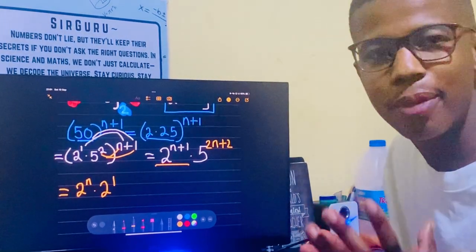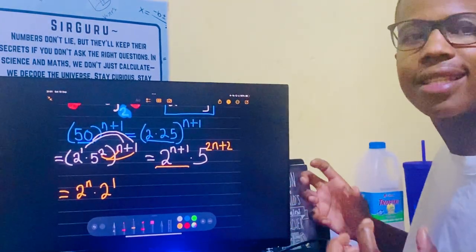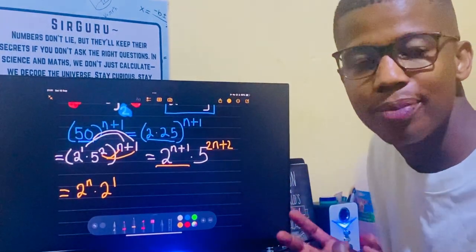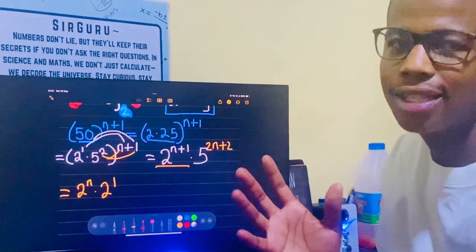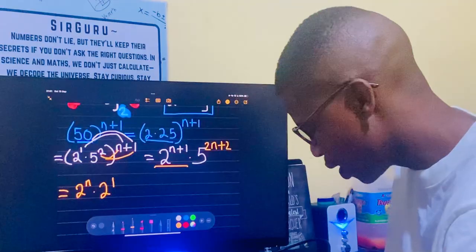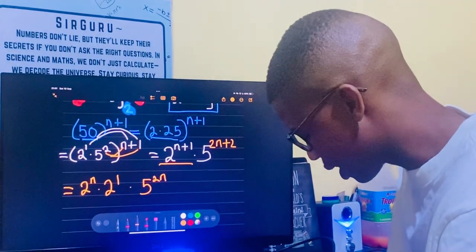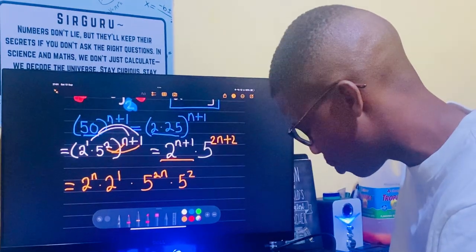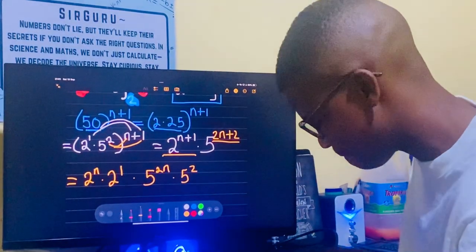Remember, when the bases are the same, we add the exponents. So here I just reversed it. n plus 1 means we had 2 different bases of 2, and we just represented them with 1 base of 2. So 5 to the power 2n can be written as that as well. You break the exponent and write them with individual bases.